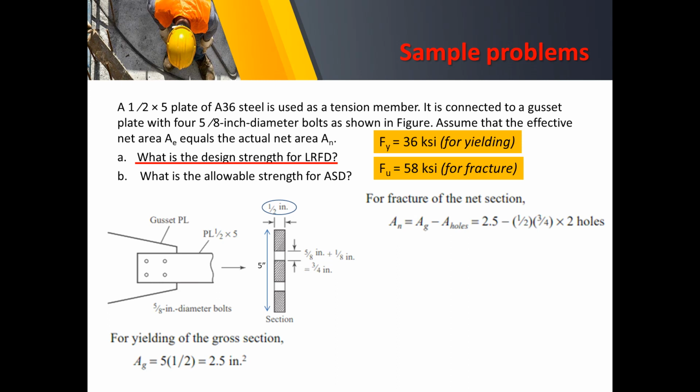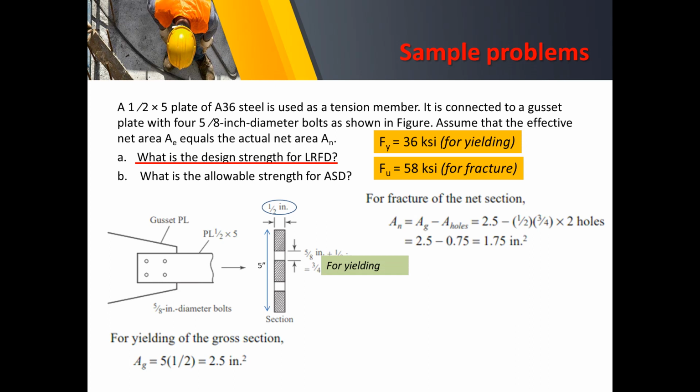Again, 3/4 inches is derived by adding 1/8 to the bolt diameter 5/8. So we come up with 1.75 square inches as our net area. The problem mentioned that the effective net area would be equal to the actual net area.